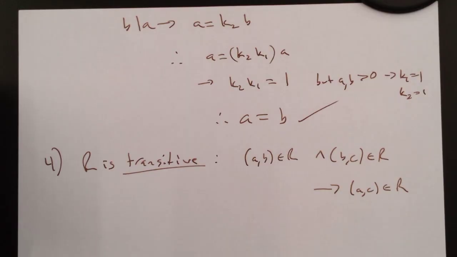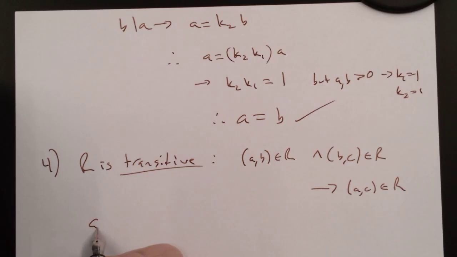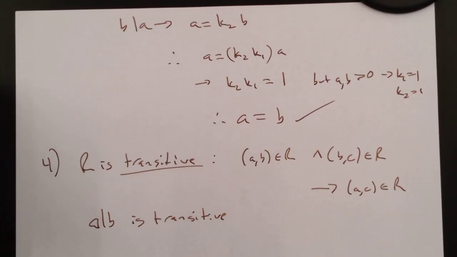Divisibility works here. If A divides B and B divides C, then A divides B means B can be written as some number of A's. B divides C means C can be written as some number of B's. Change the B to some number times A. Oh, I get N1 times N2 times A.